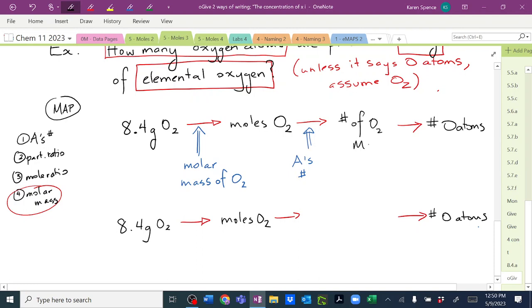O2 molecules. Yes, because we're taking moles of O2 and converting it to the number of O2 molecules. Once we have the number of O2 molecules, what conversion factor would we use to go to the number of O atoms? The particle ratio.